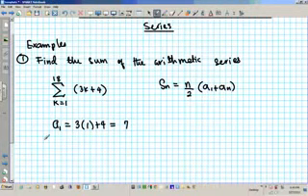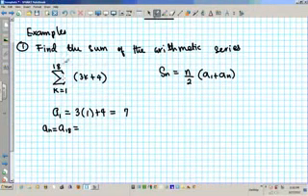Now to get the nth term, a sub n, in this case a sub n is a sub 18 because we're going all the way to 18. To get that, we plug in 18, the upper limit, into k, just as we did with the lower limit to find a1.